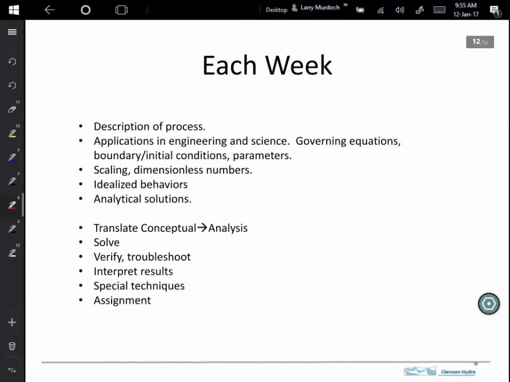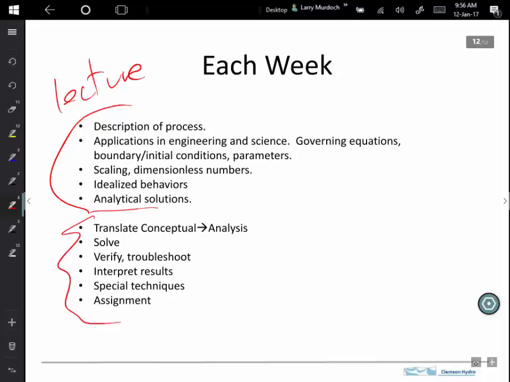So for each week, each one of these topics, we've got these two blocks of things that we're going to do. This stuff here, describing the process through the analytical solutions, that'll be what we'll do in the lecture. And then this stuff here will be the lab, and I really think of the lab as being some stuff that you do on your own.